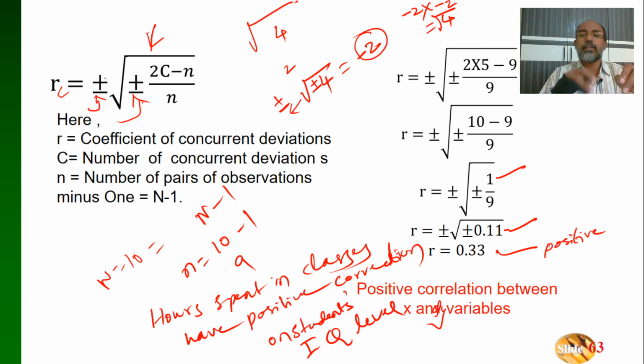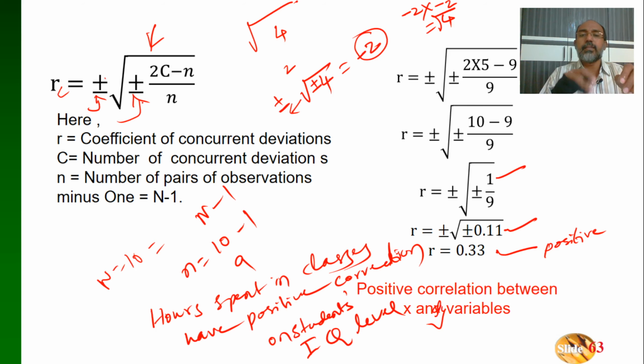So the concurrent deviation method is very easy, the next easy method is the Spearman rank method, and the more difficult method is the Karl Pearson method.